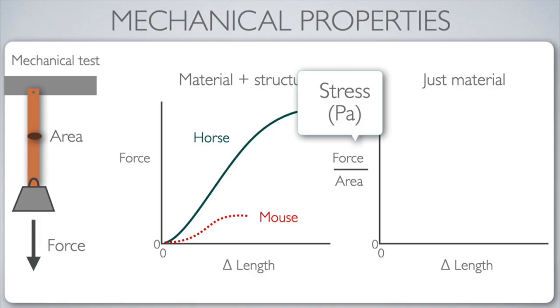So what we can do with this change in length that we measure in response to loading is divide it by the initial length of the sample. That's the way that we can normalize for differences in samples. Let's say you grab tendons from the horse and from the mouse; we can correct for the size differences between them by doing that transformation, just dividing the change in length by the initial length.